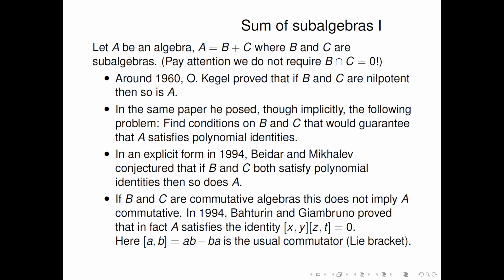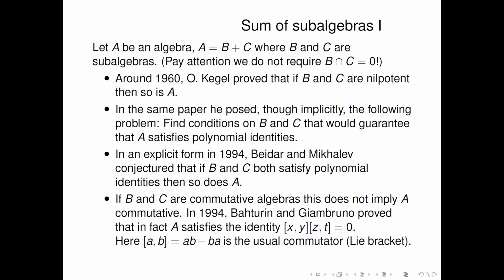In that same paper by Kegel, he proposed, but in some implicit form, the following problem. If A is a sum of B and C, what conditions on B and C can we impose in order to guarantee that A satisfies a polynomial identity?